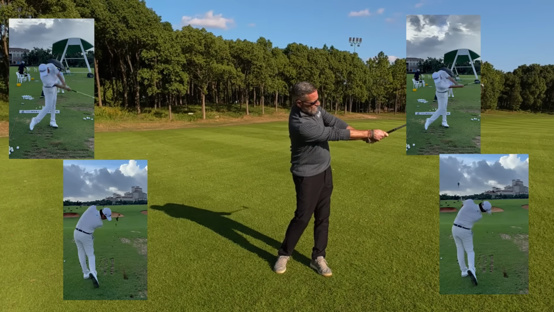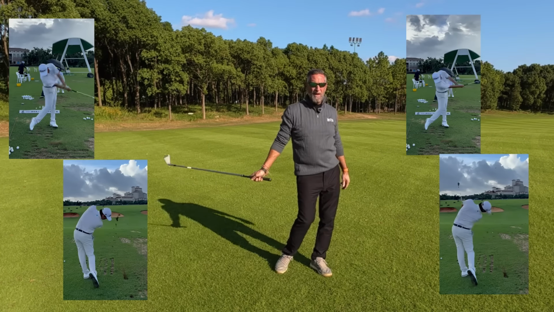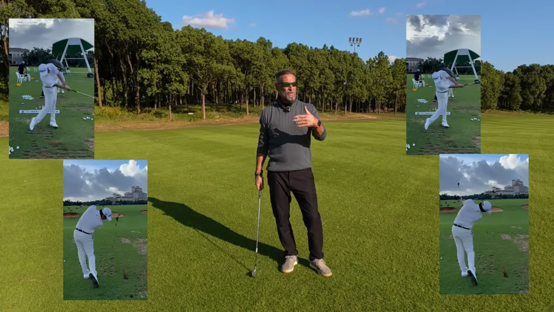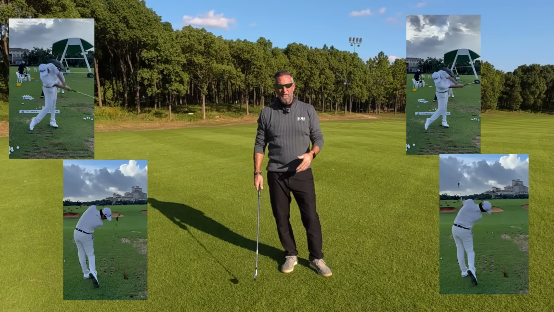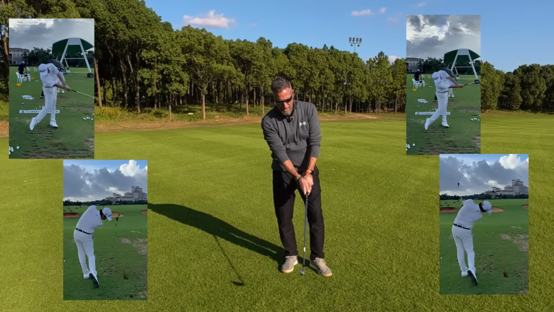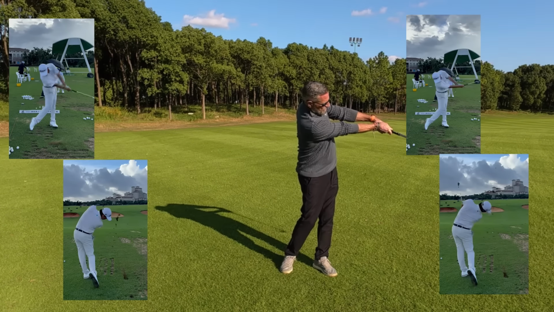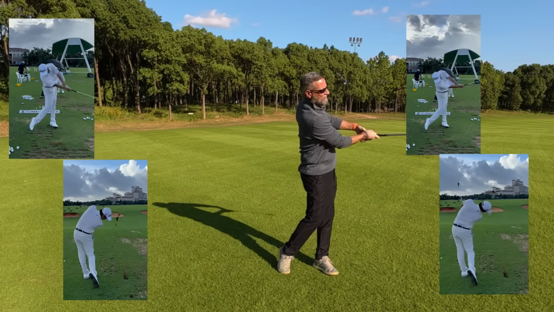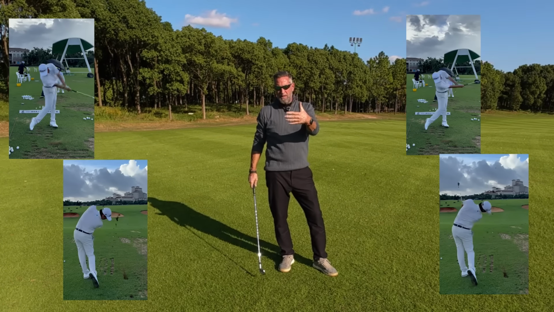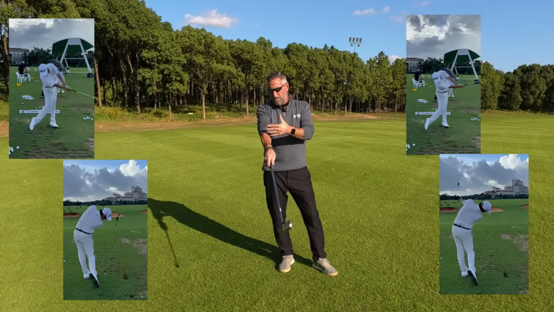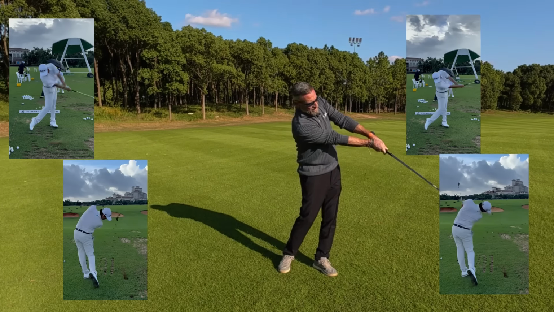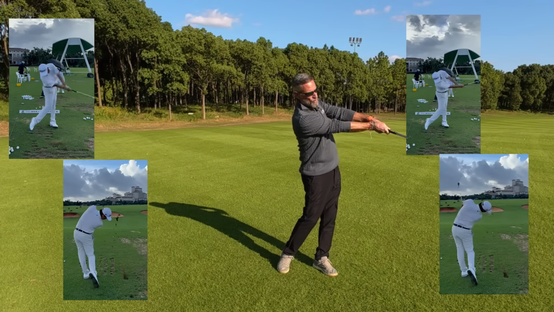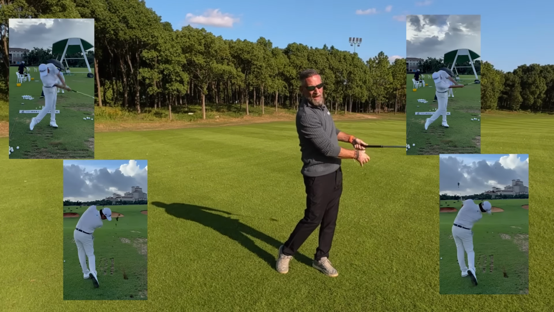And P9 would be when the right arm is parallel to the ground. But with certain players or certain kinds of shots, my right arm is parallel to the ground before my shaft is parallel to the ground. So in this scenario, the P8 would be at the moment where my right arm is parallel to the ground, and the P9 would be when my club is parallel to the ground.